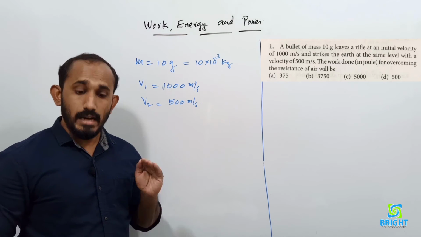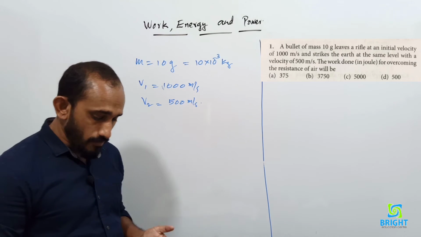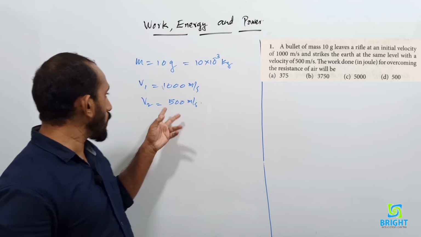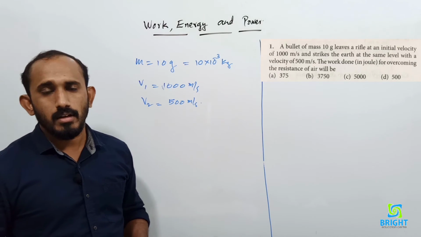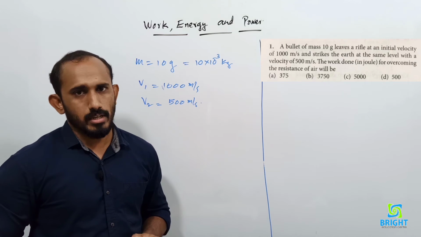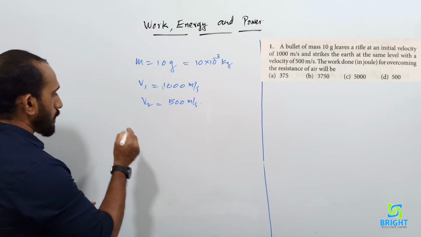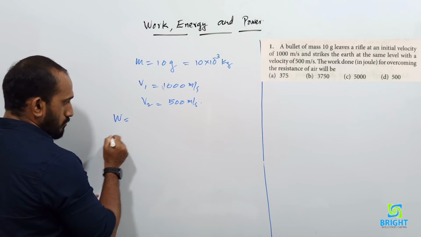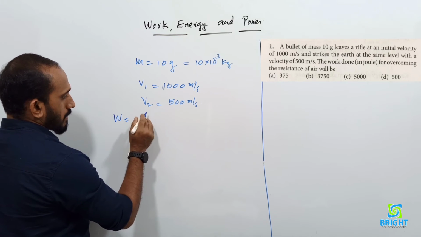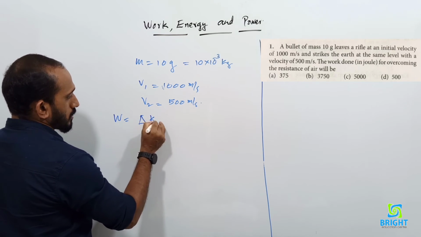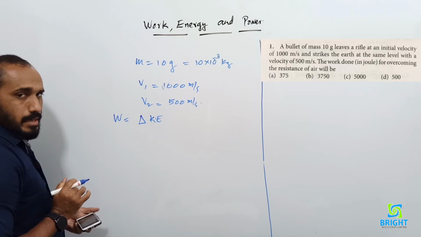Now what is the resistance of the air, how much work will it do? So here two velocities are given and mass is given. We have to use the work energy theorem to find this work done by the resistance of air. For that we can use the concept W is equal to change in kinetic energy, delta KE.